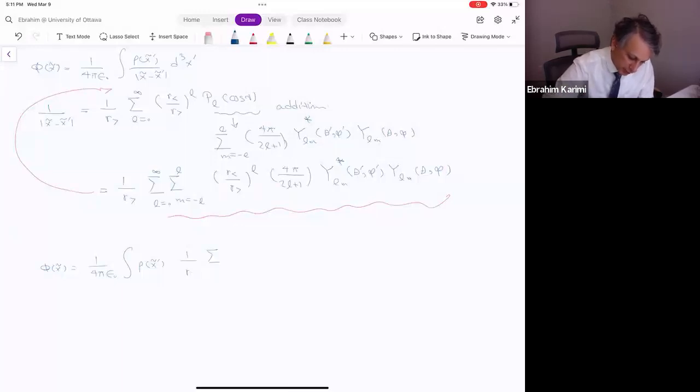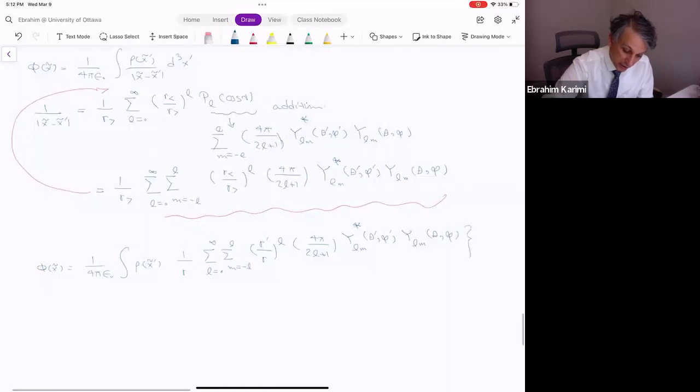And that will be summation on L from 0 to infinity, summation on M from minus L to L, r prime divided by r to the power of L, 4 pi divided by 2L plus 1, Y_LM star of theta prime and phi prime, Y_LM of theta and phi.